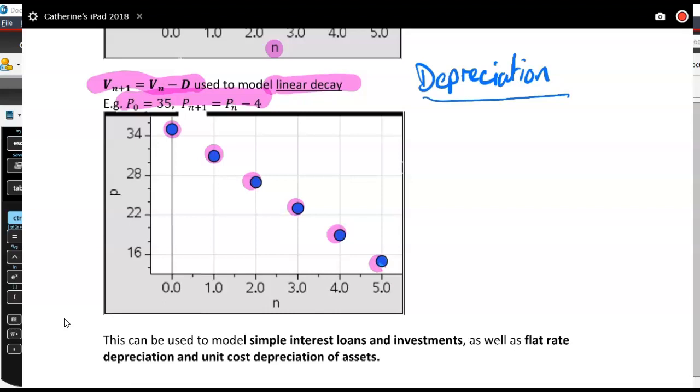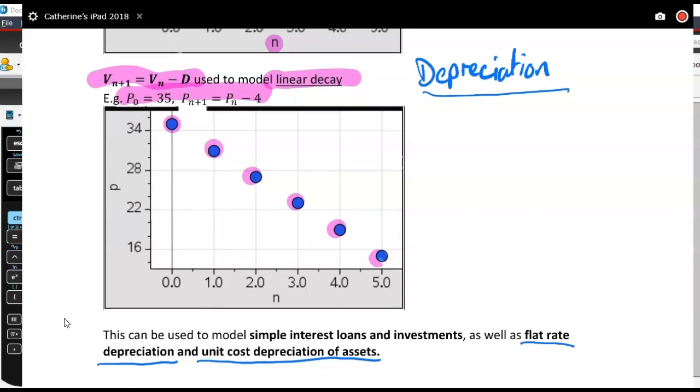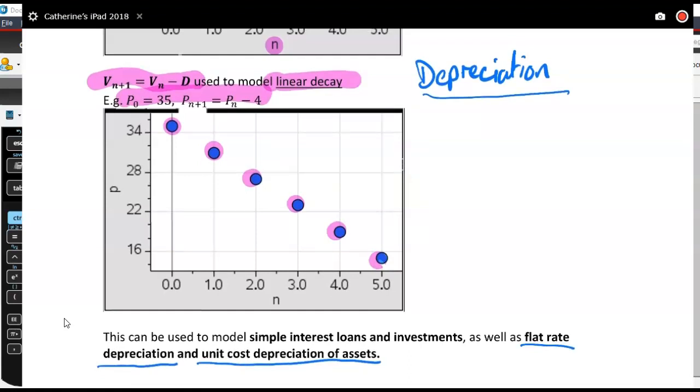When we're talking about linear decay, we're talking about flat rate depreciation or unit cost depreciation. That's where it's going down by the same amount each year, or unit cost is talking about, like with a photocopier, it might go down for every 100 things you've photocopied. Or the car, you might be talking about, well, for every kilometre, you lose so many cents worth of value. So it's going down by the same amount each time.